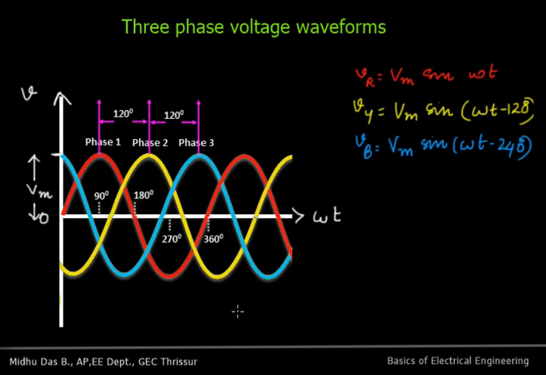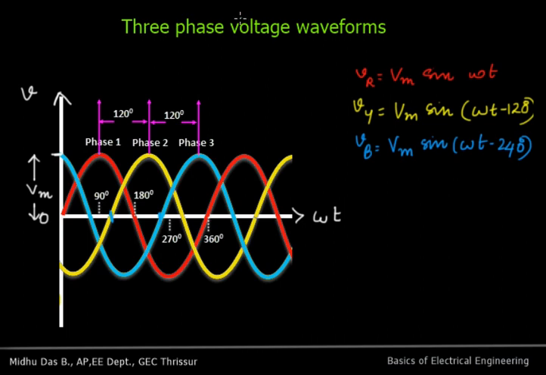So these are the three-phase voltage waveforms which we have drawn just now. VR is expressed here, Vy is lagging behind VR by 120 degrees and Vb is lagging behind by 240 degrees. So these are the expressions.